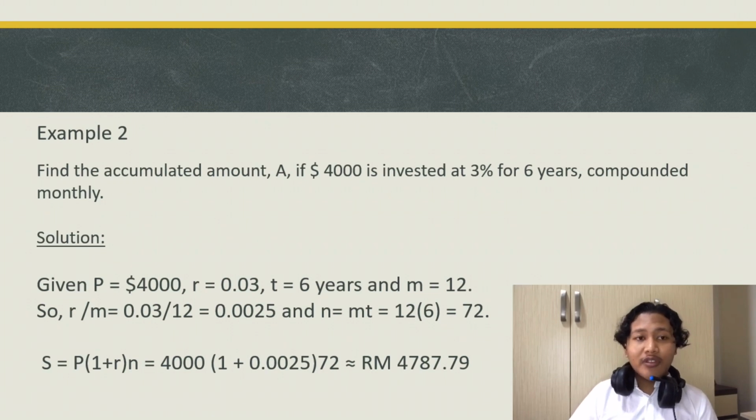After we multiply the 6 years by 12 months, we get 72 for N, and you will get the last answer, RM4787.79.